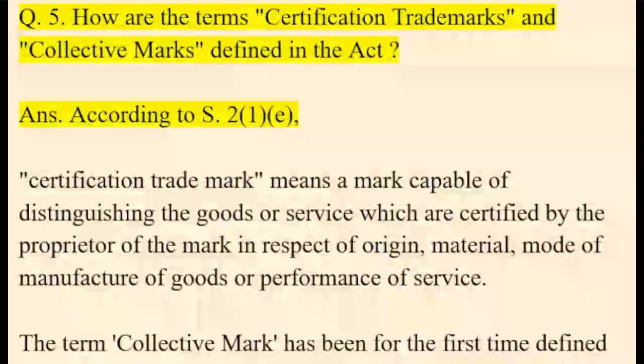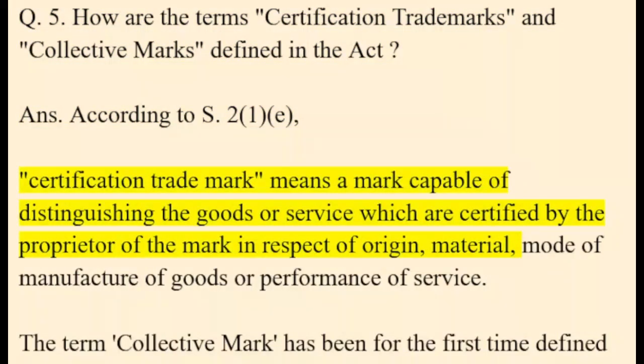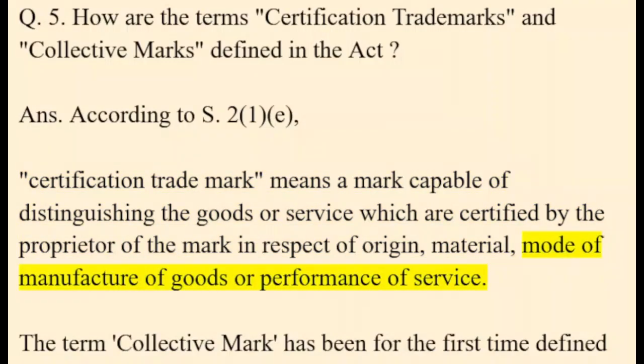Q. 5. How are the terms certification trademarks and collective marks defined in the Act? Ans. According to Section 2(1)(e), certification trademark means a mark capable of distinguishing the goods or service which are certified by the proprietor of the mark in respect of origin, material, mode of manufacture of goods or performance of service.